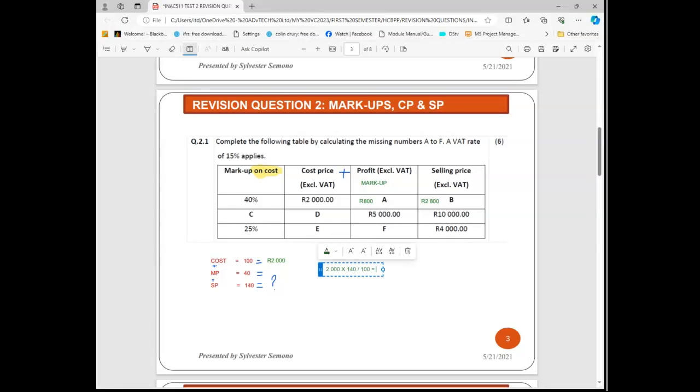Perfect. So it's up to you. It doesn't matter how you calculate it. You are supposed to get this 2,800. And for you to find A, you can just say 2,800 minus 2000, you get 800. It doesn't matter which one you start with.